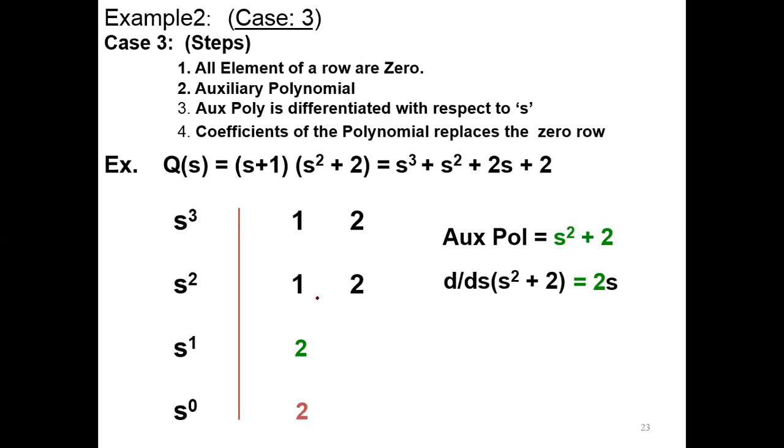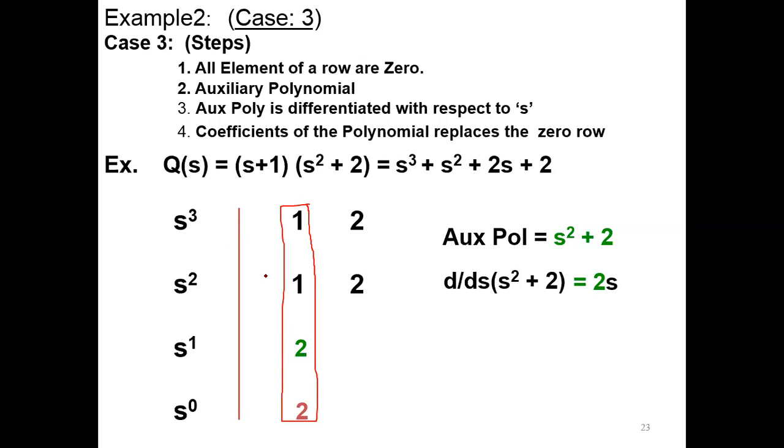So now we will complete the Routh table. As there is no sign change in the first column, it looks like the system is stable, but due to this row of 0 and the even polynomial, we know that there is symmetry of roots.